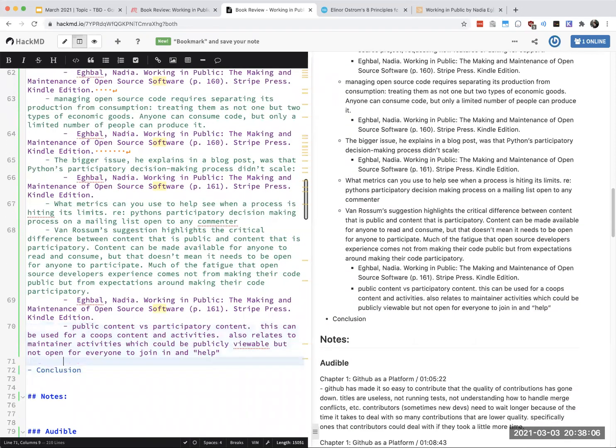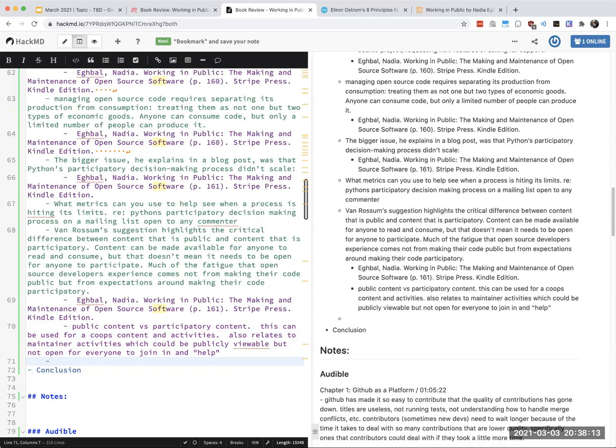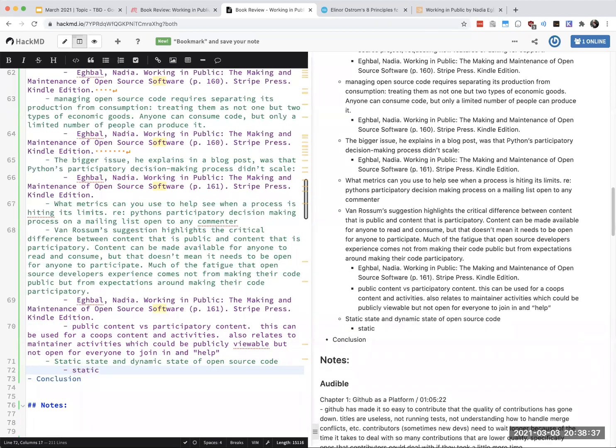I guess the point is, you've got static state. I'm thinking it's chapter 5, static state, and more of a dynamic state of the open source code. In the static state, it is non-excludable and non-rivalrous, which goes back to all of our either papers or videos on talking about open source and economics.